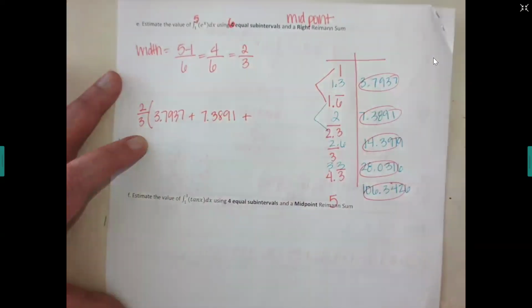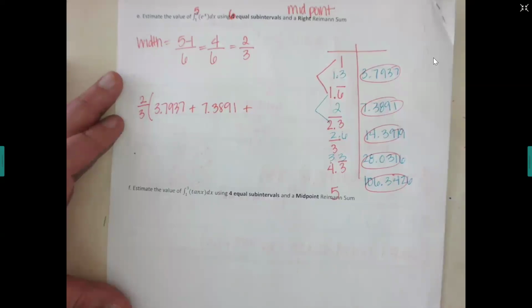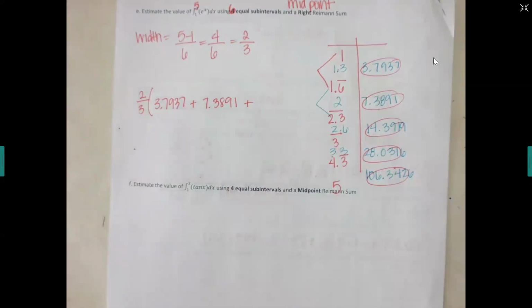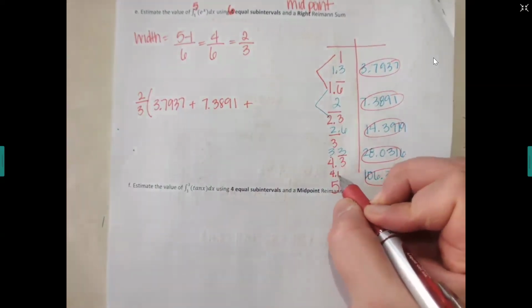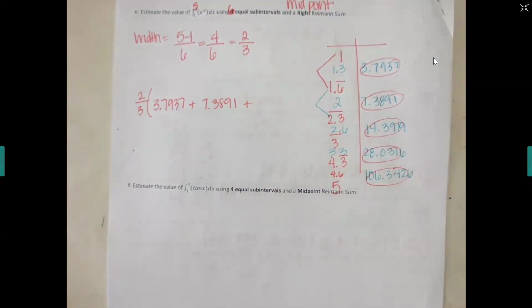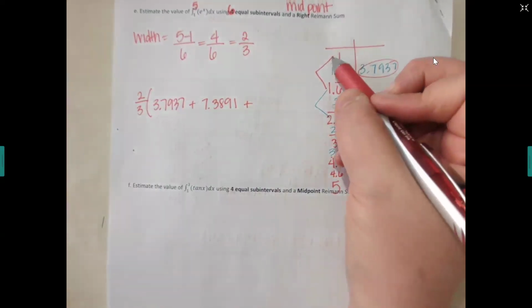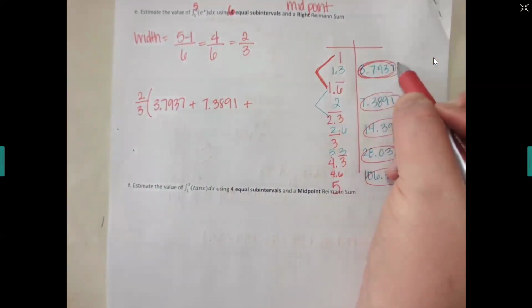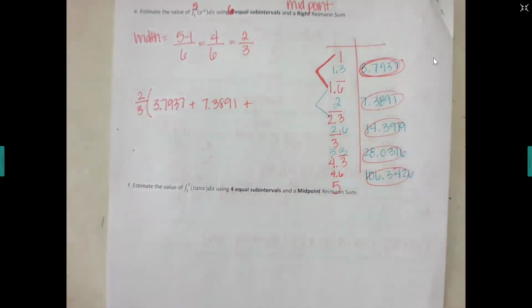I don't understand why there's two values in the thing, like some of those. It's because I messed up. So what should have happened is from 4.3, it should have gone to 4.6. But I just forgot to write it. So really there's a 4.6 here. And then remember for midpoint, when you go from 1 to 1.6, you have to use the middle Y value between them. So that is where I messed up.